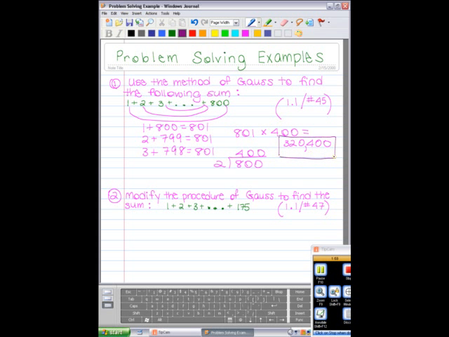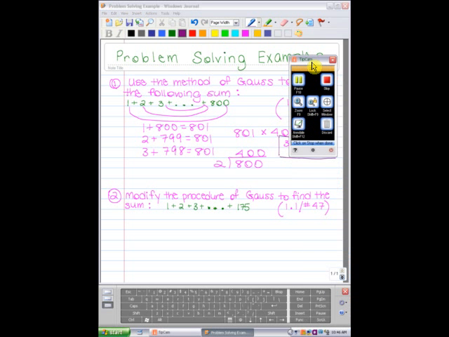Okay, and for the second problem, they want us to modify the procedure of Gauss to find the sum that I wrote over here. Now, it could probably be done a couple different ways. I'm just using one way to solve it. Now, in order to have Gauss's way, we need pairs, and we need an even number to have pairs.